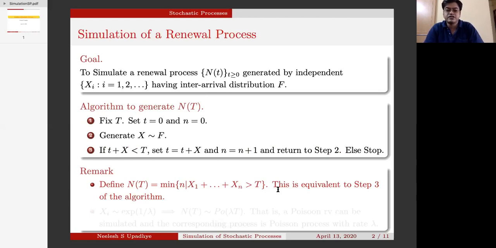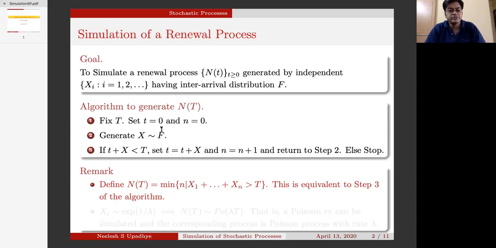But in order to check this condition, inevitably you have to go through this process. So this is one beautiful thing about the simulation of a renewal process. This is the simplest algorithm through which you can generate a renewal process.